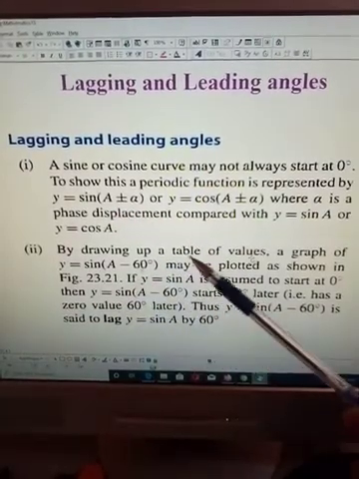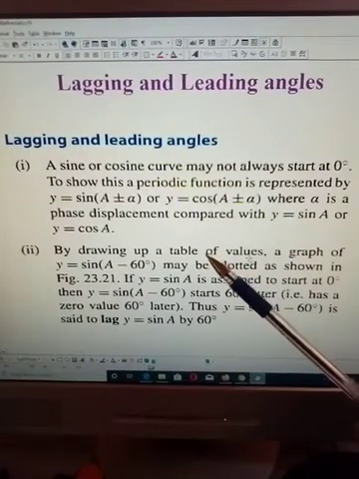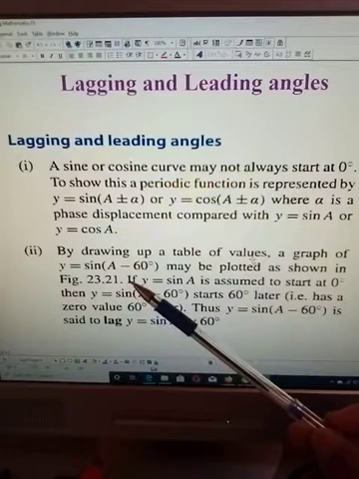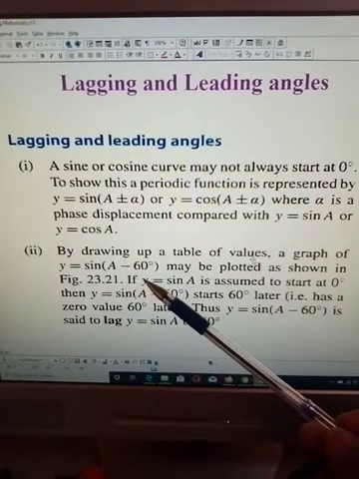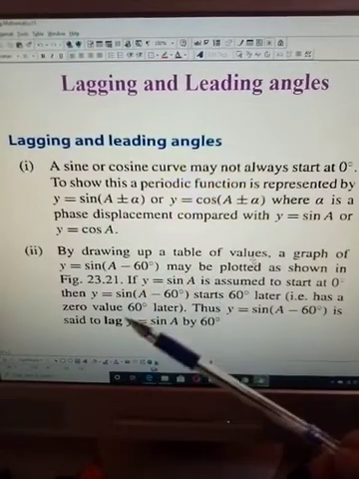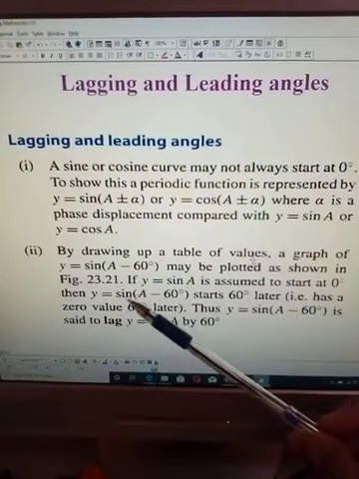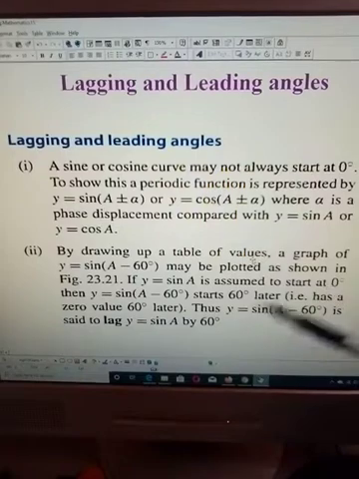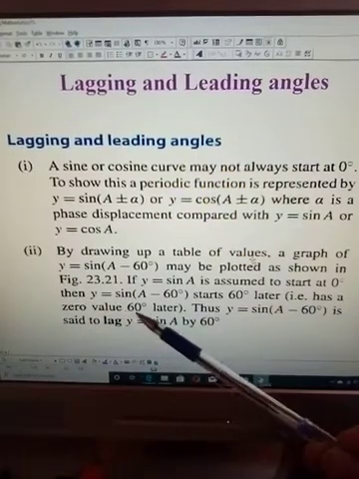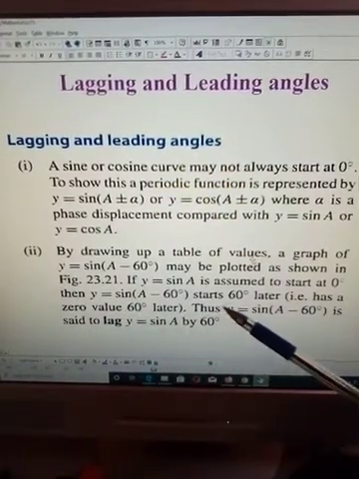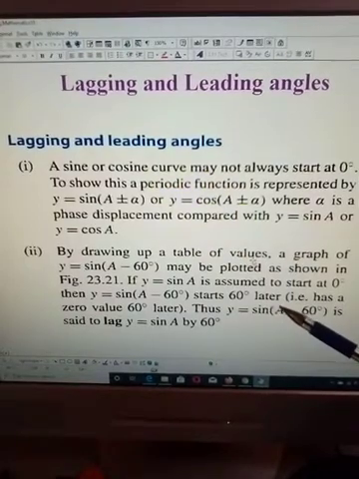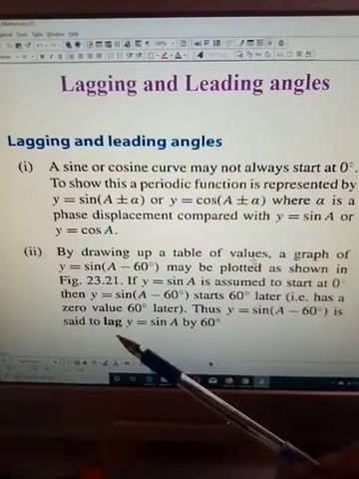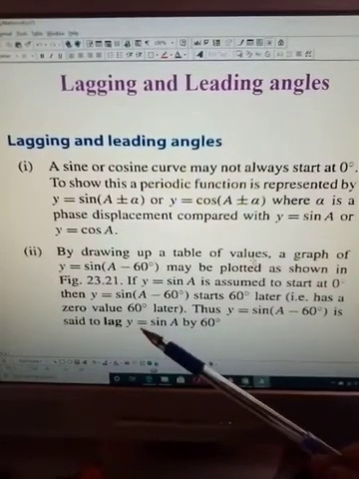By drawing up a table of values, a graph of y equals sine (A minus 60 degrees) may be plotted as shown in figure 23.21. If y equals sine A is assumed to start at 0, then y equals sine (A minus 60 degrees) starts 60 degrees later, i.e. it has a 0 value 60 degrees later.